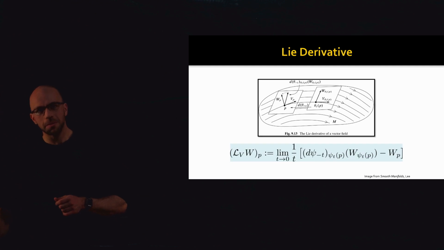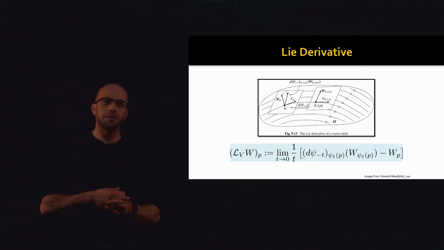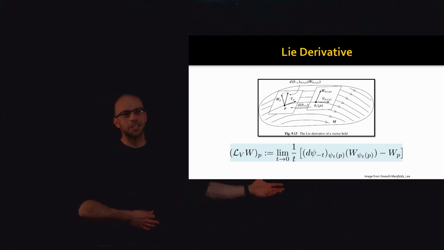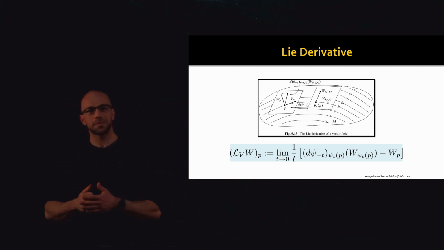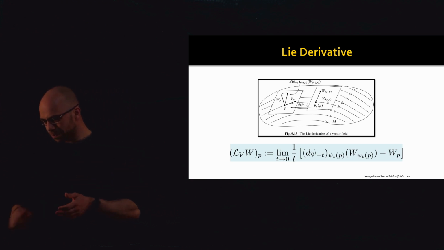So again, as a reminder, basically the construction that we did on the board, the Lie derivative of, in this case, field W in the V direction, evaluated at P, that's how you read that expression on the left, is given by the expression on the right, where you look at the differential of the self-map that you get by flowing along V, of W pulled back through d psi here. And this is just one reasonable way to fill in those criteria A and B that we wrote down before.